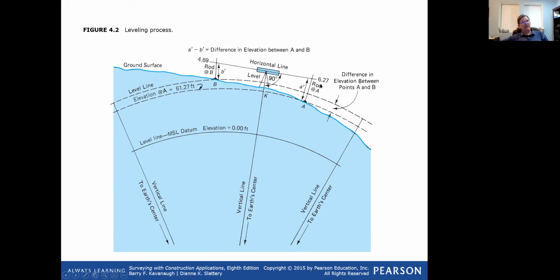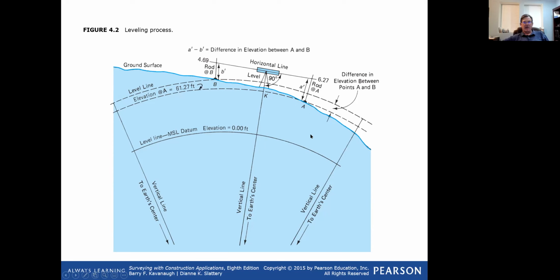Then 61.27 plus 6.27 equals this elevation right there at the line of sight. When you turn and you look at this one, you see 4.69, you subtract that, and now you know the elevation at B.